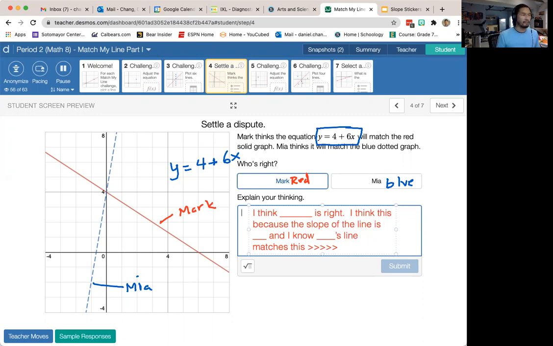And then you've got to give a reason. And actually, I'm going to do this a better way. I think this, because the slope of the line from the original equation is blank.